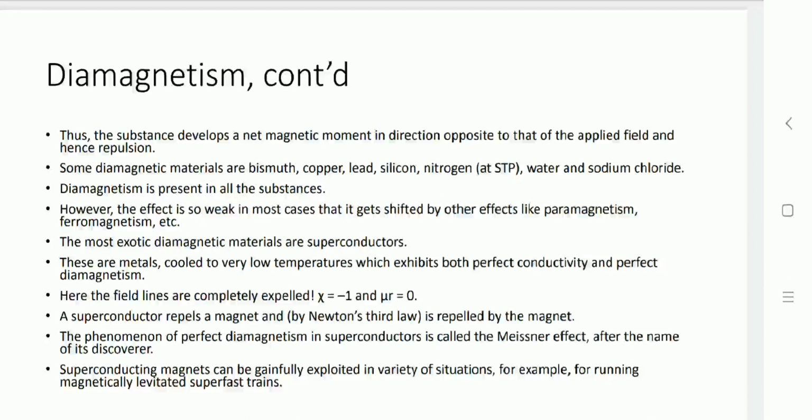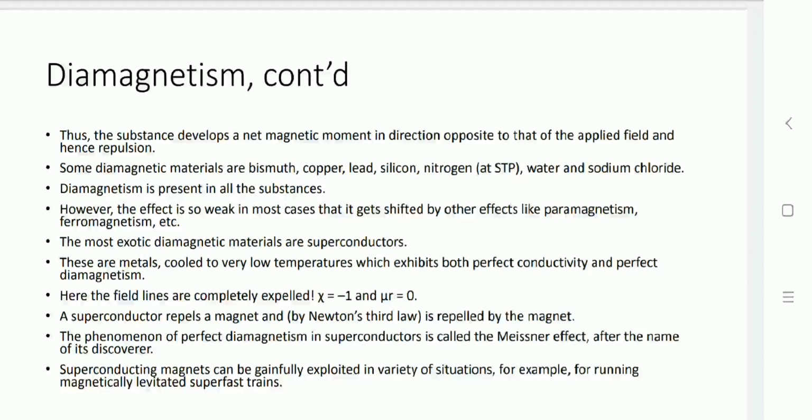So we can say that a superconductor which has perfect conductivity at low temperature opposes or repels the magnet as well as is repelled by the magnet, which is defined by the Meissner effect, by the name of the discoverer.